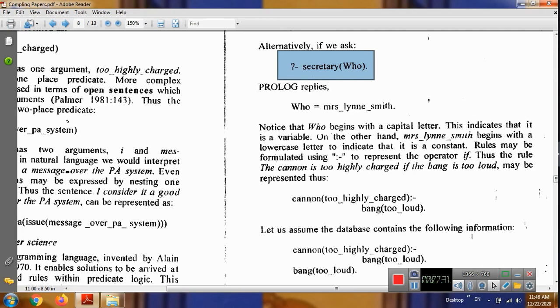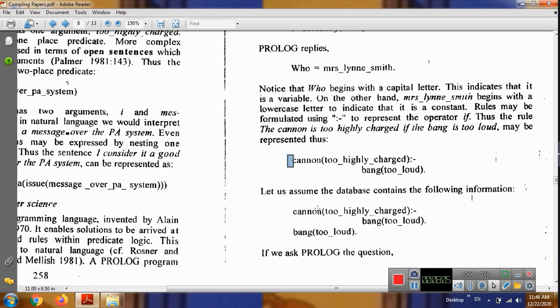We put this symbol at the end of the first proposition, and in the line below we write another proposition which follows if: bank too low, if the bank is too low.